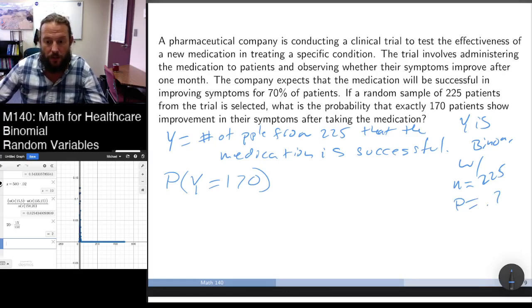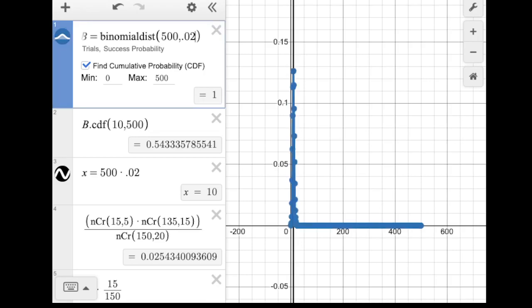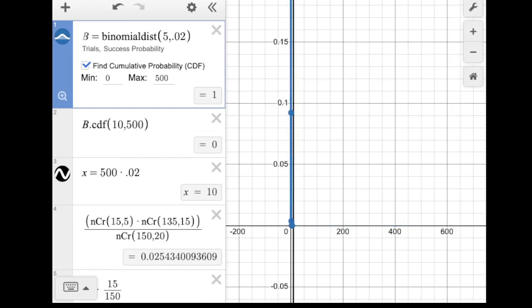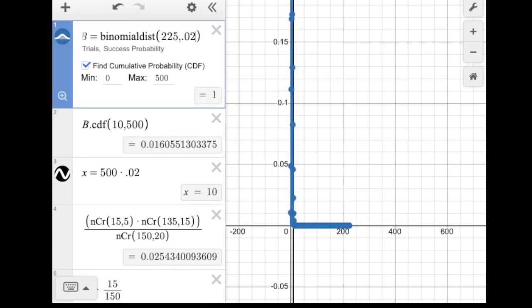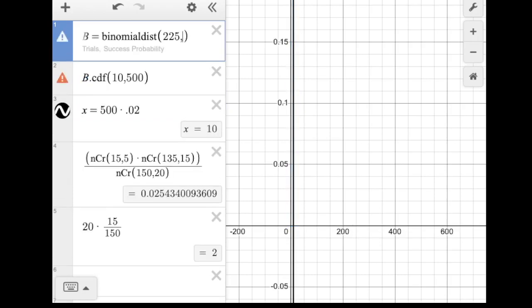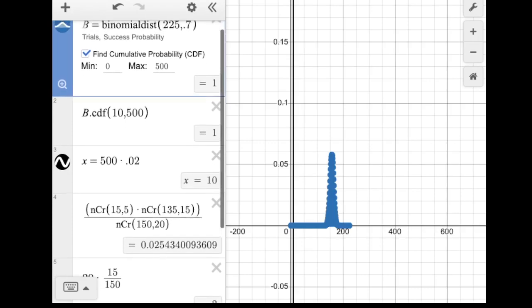Let's take a look at this distribution. I'm going to change this so n is 225, and my probability of success p is 0.7.